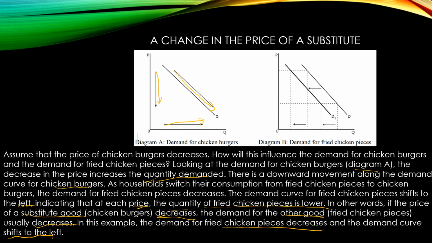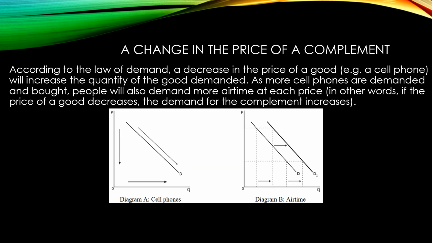Because people will be buying more burgers rather than chicken pieces, even though the price remains the same, it will shift because the quantity at that price is being demanded less and less.